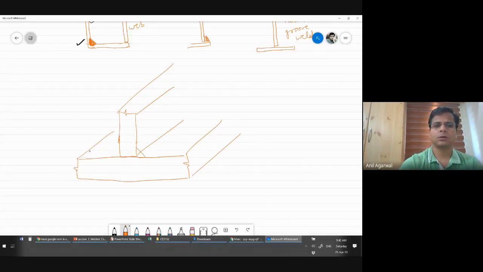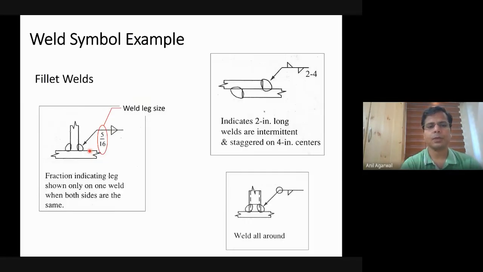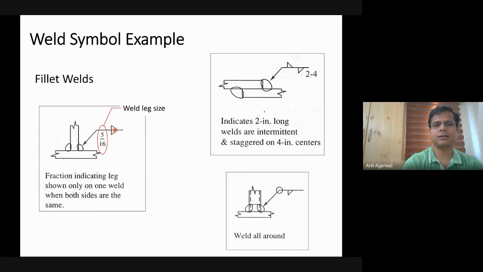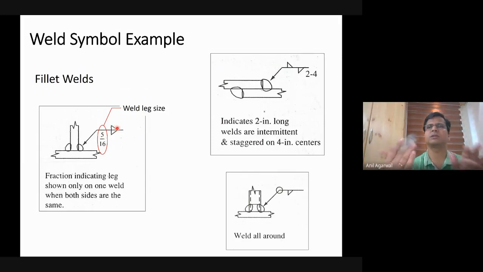So this is how the fillet welds are supposed to be provided on the two surfaces, on the two edges. Since it's a back-to-back weld, I have shown one rectangular triangle, which is the sign for fillet weld. So it has one rectangular triangle here and the other rectangular triangle right behind it, which means that the entire length is welded with fillet welds on both sides. So this basically means welding on both sides.